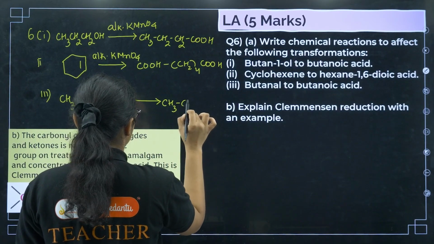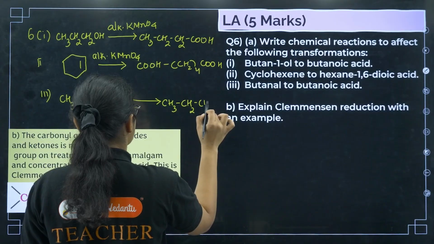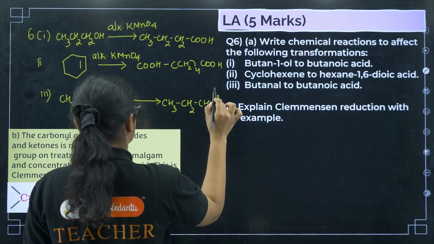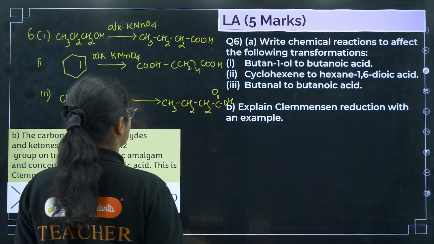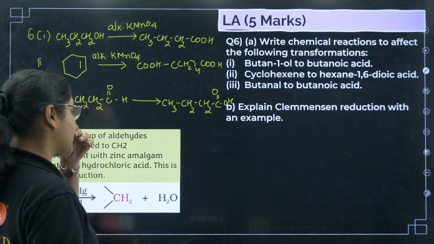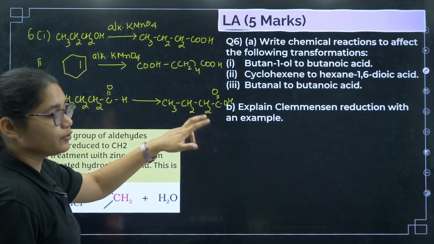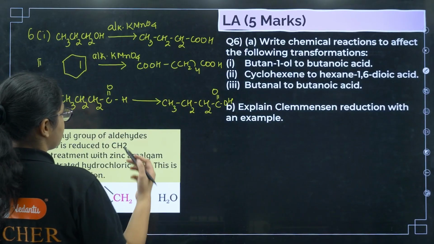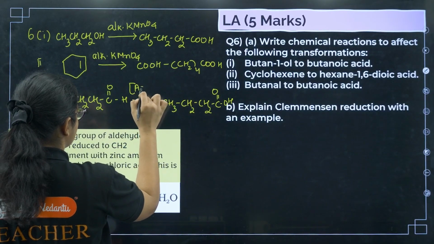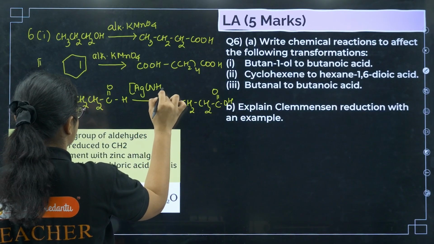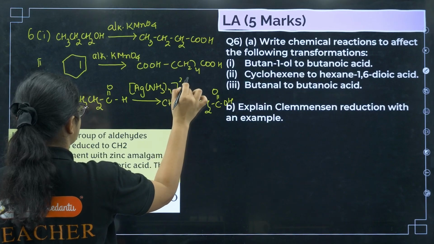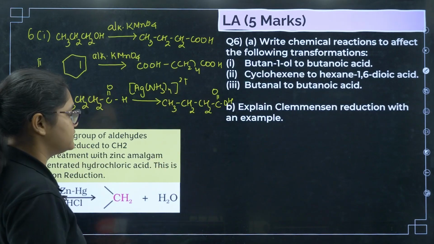Here the aldehyde group is converted to the acid, and we require a reagent like Tollens reagent, [Ag(NH3)2]+, we can use Tollens reagent.